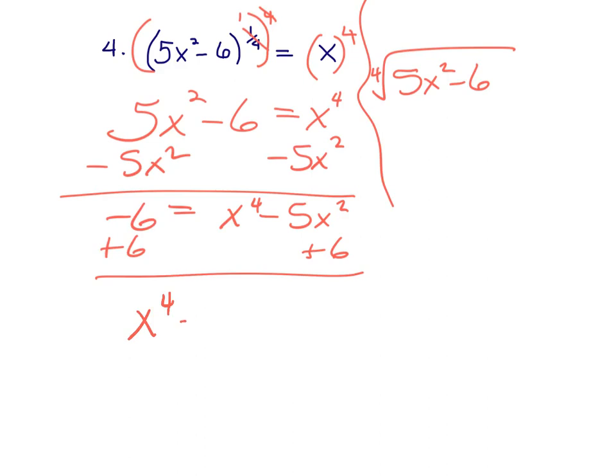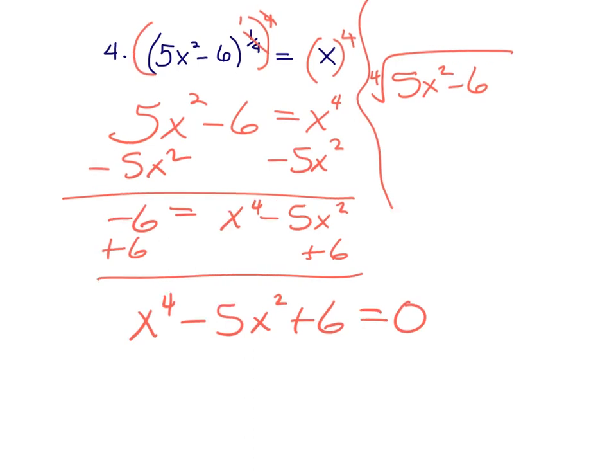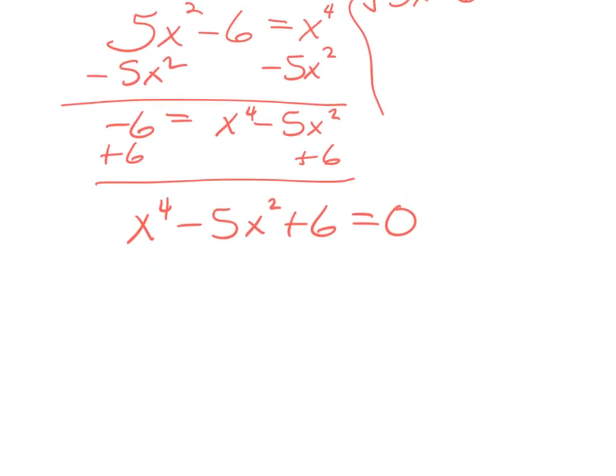X to the 4th minus 5x squared plus 6 equals 0. Now, notice my power is not a square, so I have options here. I could either factor it as is, or I could do the u substitution again.